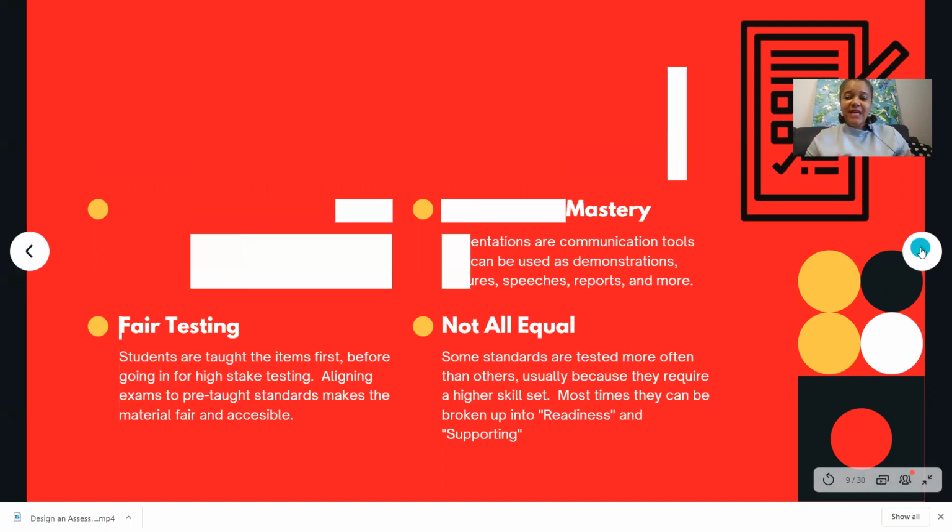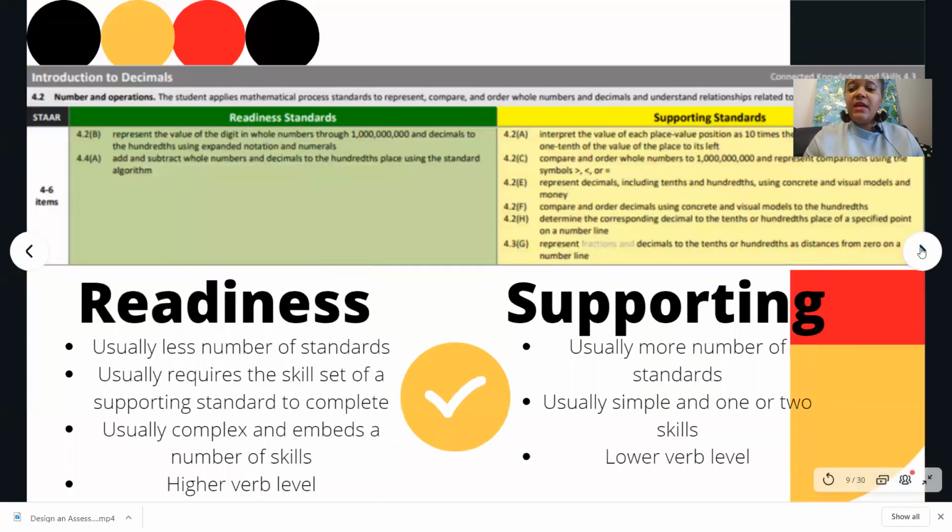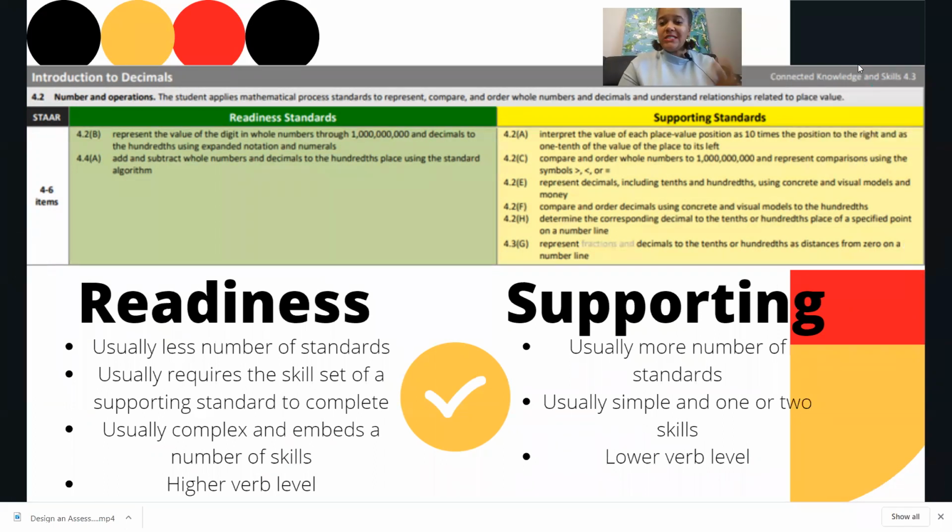There are two different types of standards, and they can be broken up into what's called readiness or supporting. Now, I am an educator that's gotten a lot of my training in Texas. And Texas actually has broken up their standards for their state and those educators into readiness and supporting. However, this formula can be followed all over.